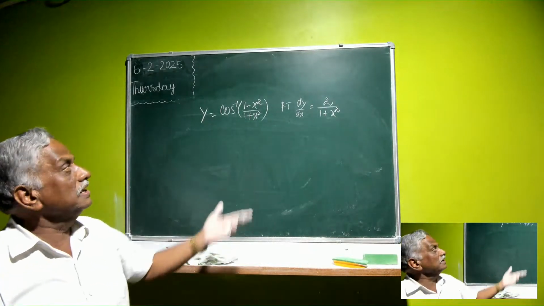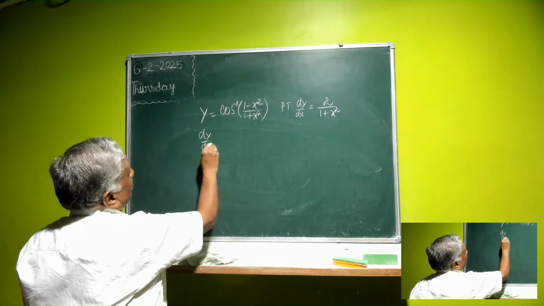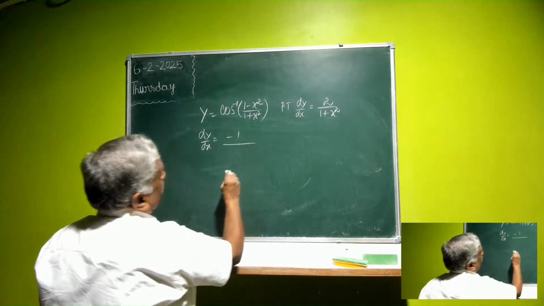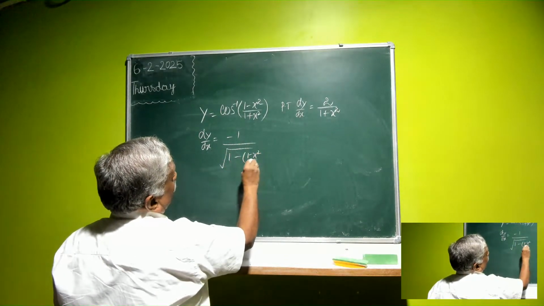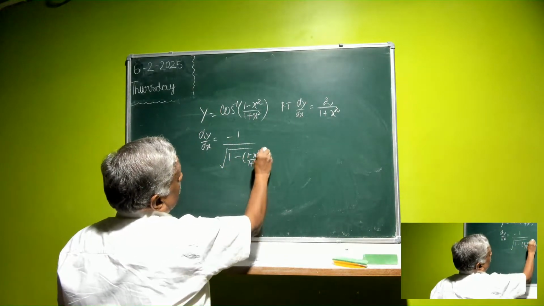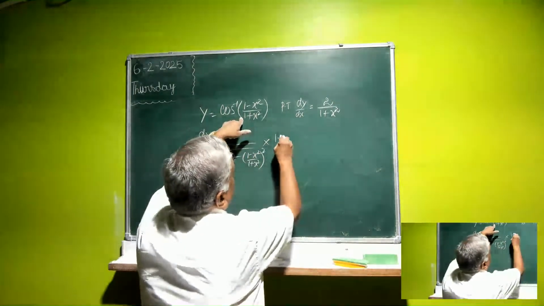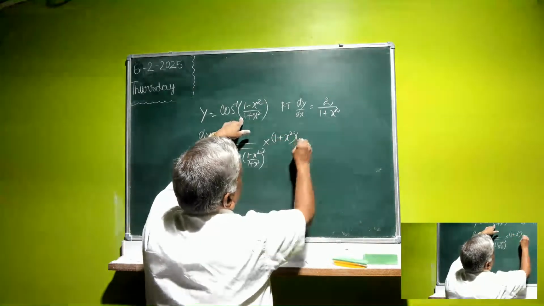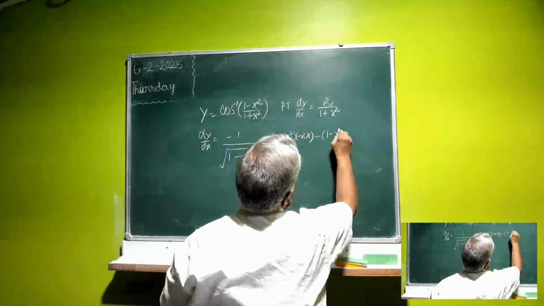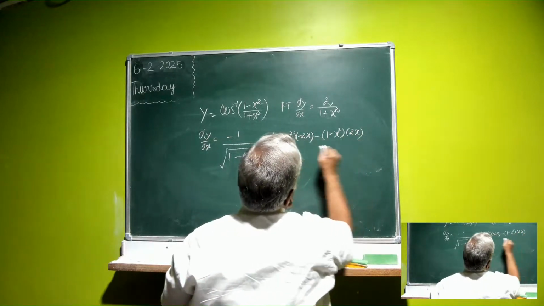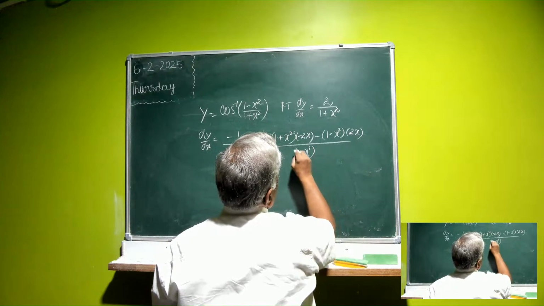And if you don't know the formula, then also what you can do is find dy by dx using the same rule: minus 1 over root of 1 minus x square over 1 plus x square, whole square, multiplied by, this is quotient rule, 1 plus x square into minus 2x minus 1 minus x square into plus 2x, divided by 1 plus x square whole square.